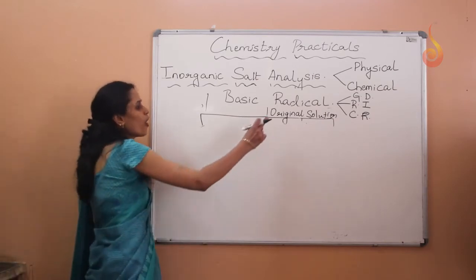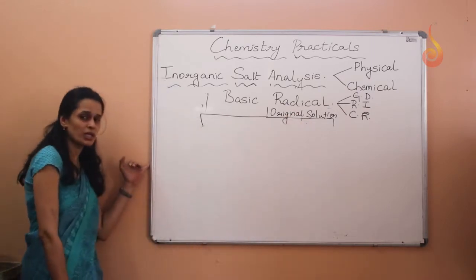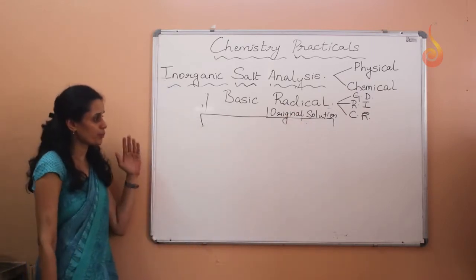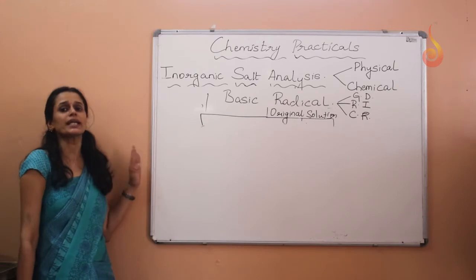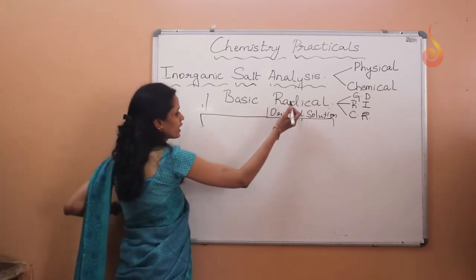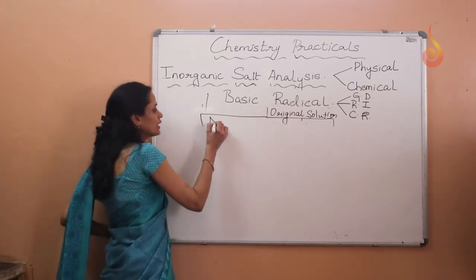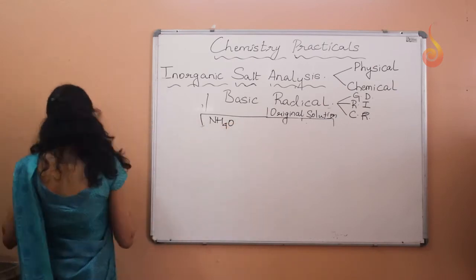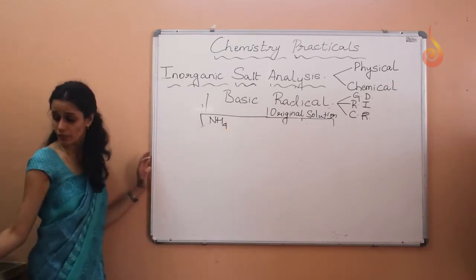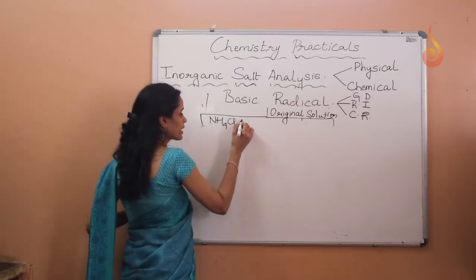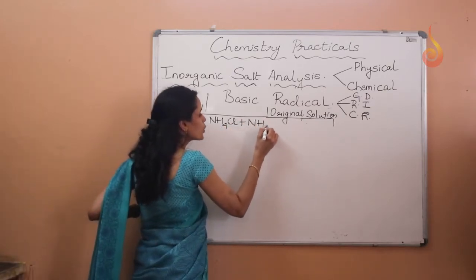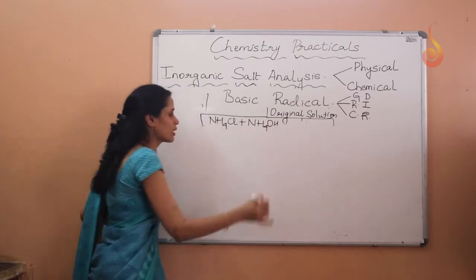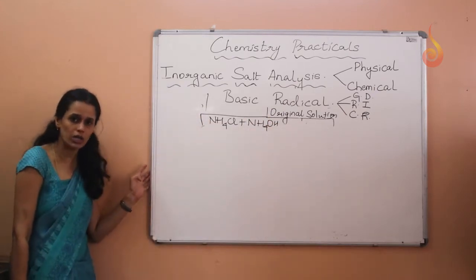So again for fourth group, in the previous group we had already taken, in a test tube, original solution, then ammonium chloride crystals and ammonium hydroxide solution.